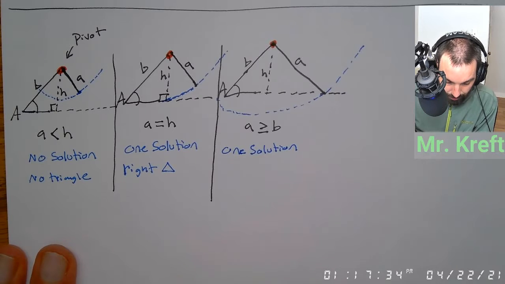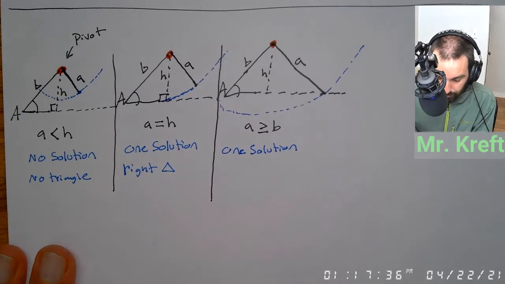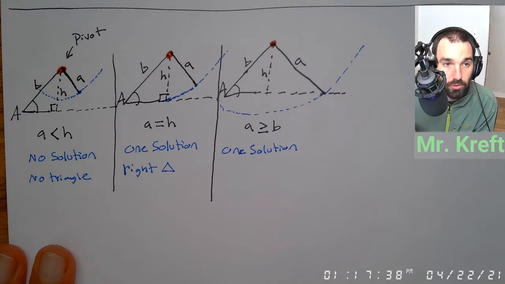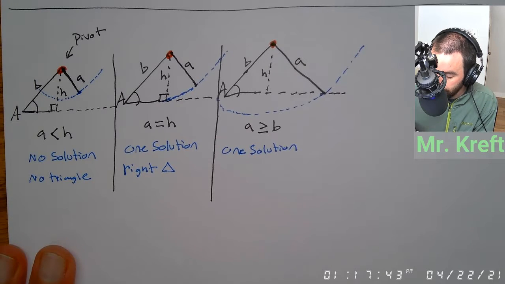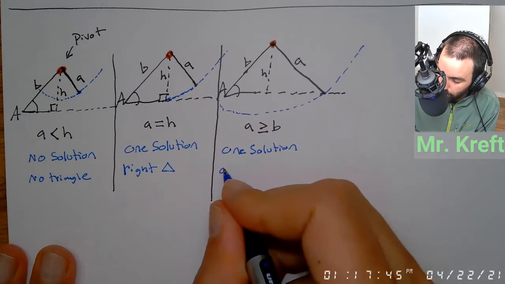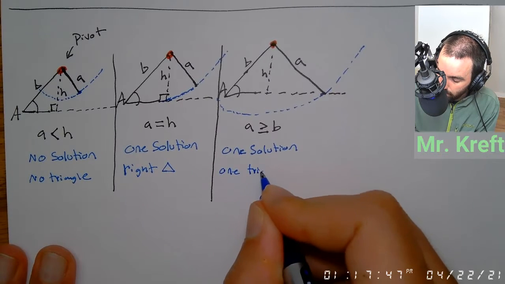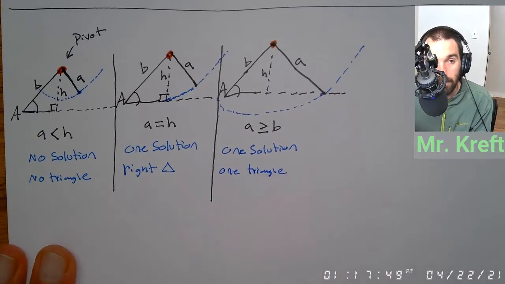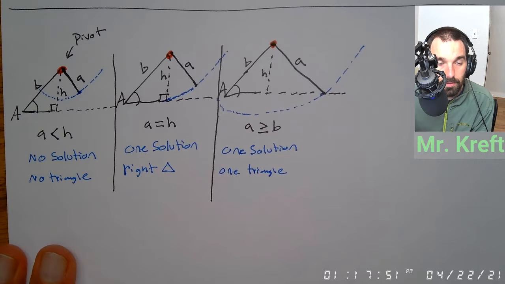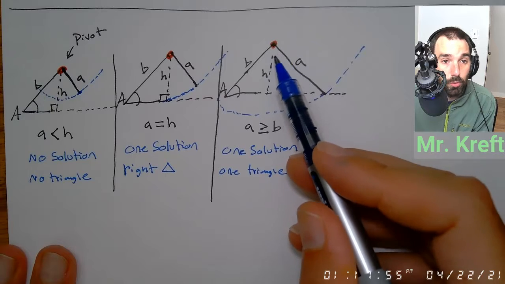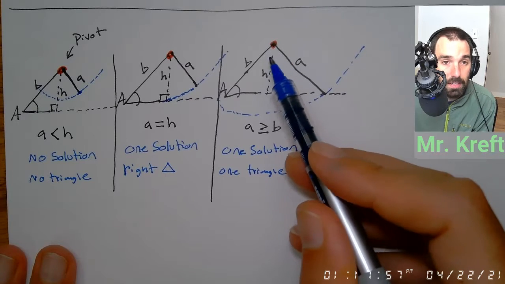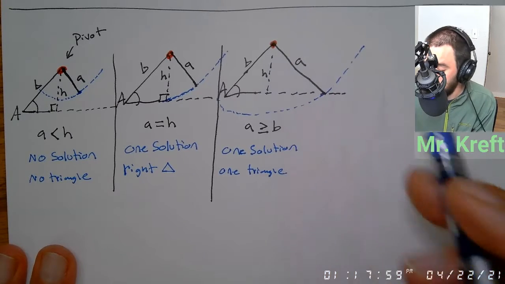So this is one solution, one triangle. Notice how this angle up top, where the pivot is going to be, is obtuse.